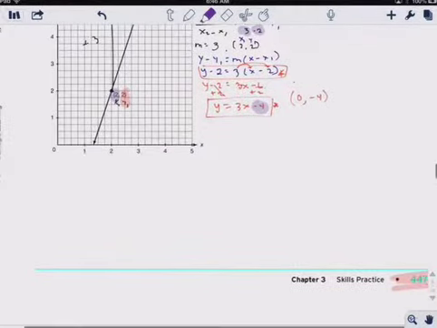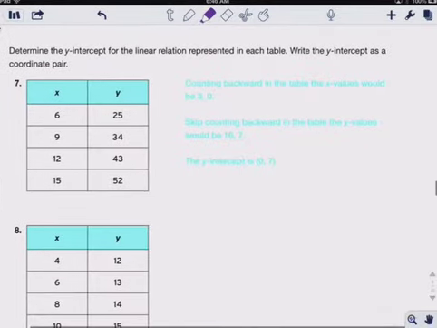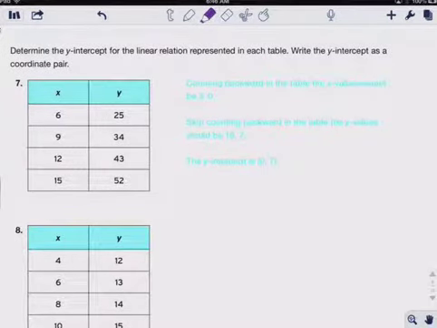Okay, next page, back page of your page. Determine the y-intercept, slope, write the intercept as a coordinate. Same thing, some more of the same. I should have you graph these.